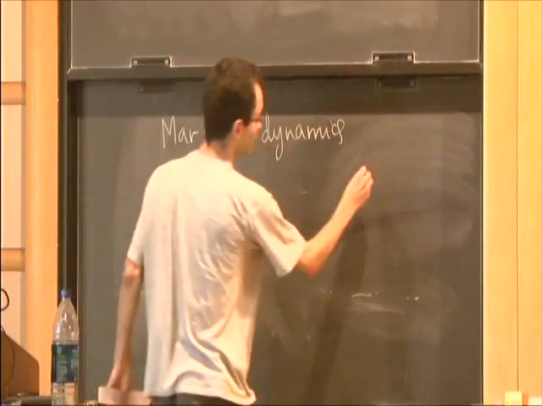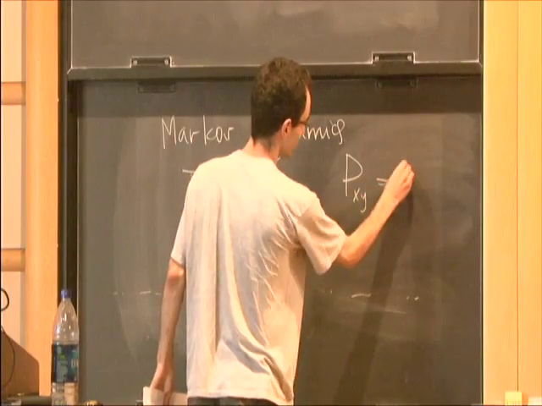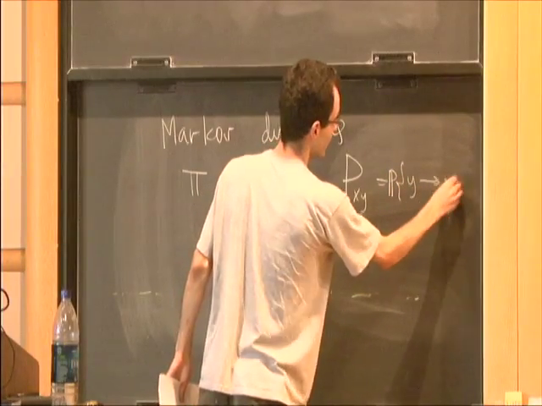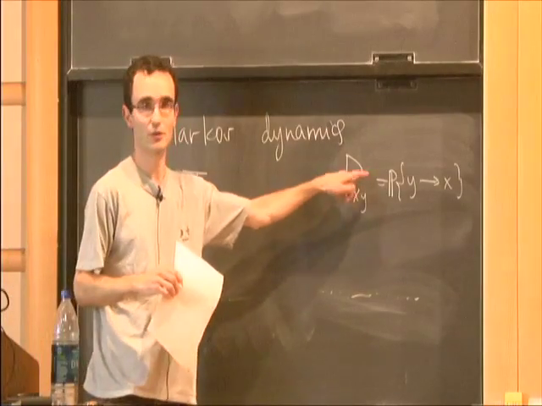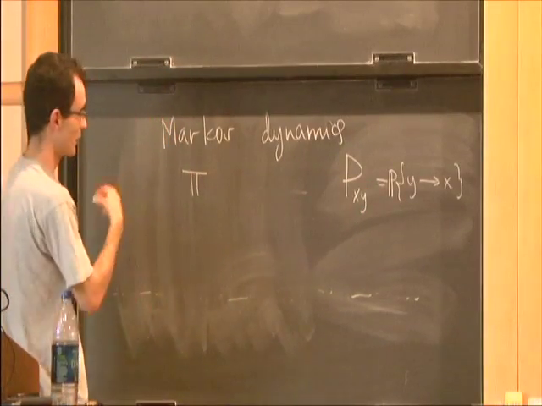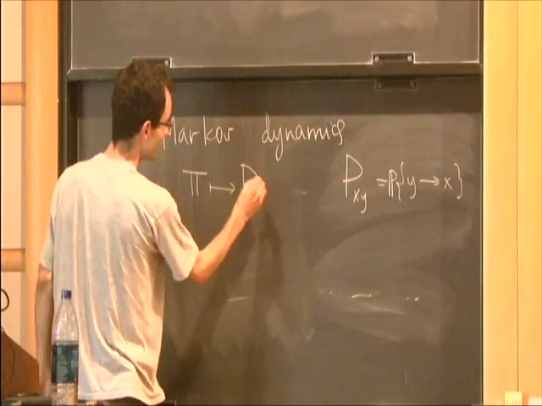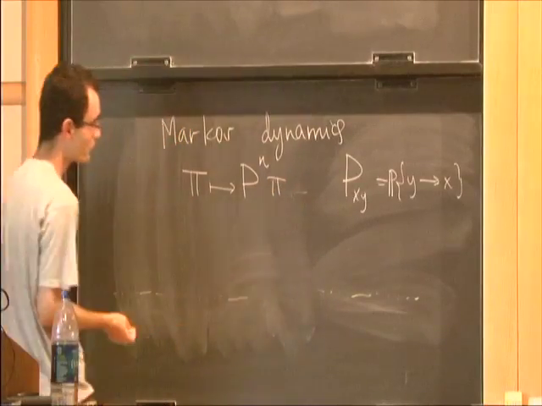And then we have a matrix P, where on the xy place we write the probability to jump from y to x. And on every step it jumps according to this probability matrix. So after n steps, our distribution will be P to the power n times the original distribution pi.